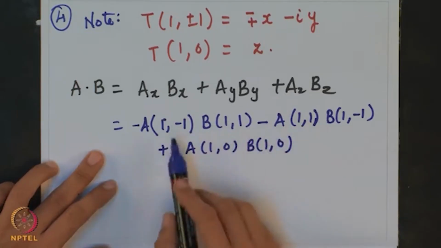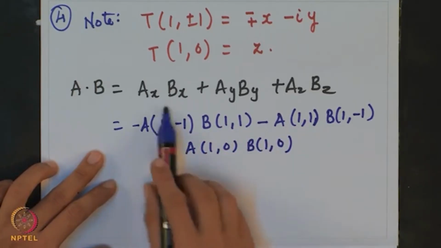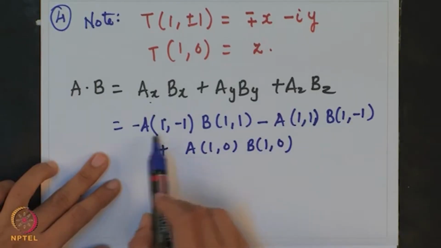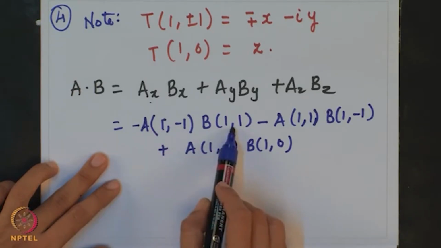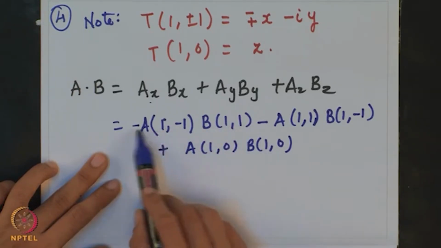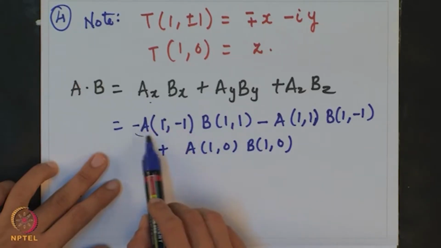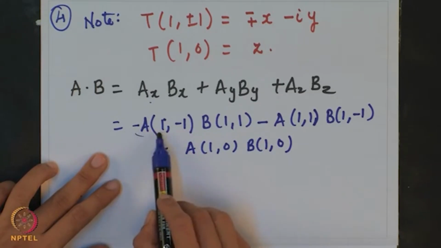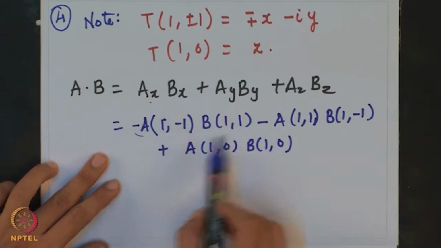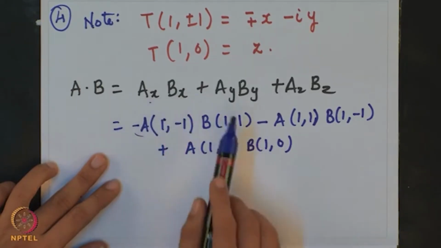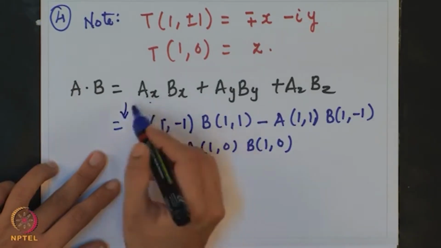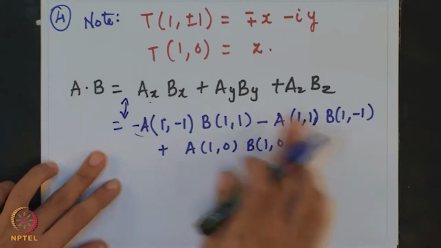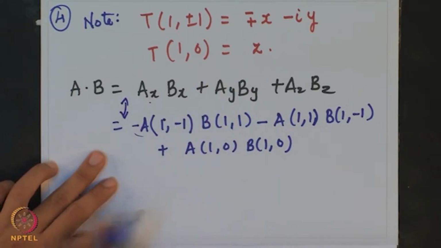So, I am not getting this blindly, you have to just rewrite this, or you can start by writing the form in which you can have A and B, the possible values of A and B. So, the terms which are involved with A are 1 minus 1, 1 0, 1 1. Similarly for B, and you have to make a combination such that you get Ax Bx plus Ay By plus Az Bz. So, you can try how this transition works, or the other way around, you can start with this and get the term.